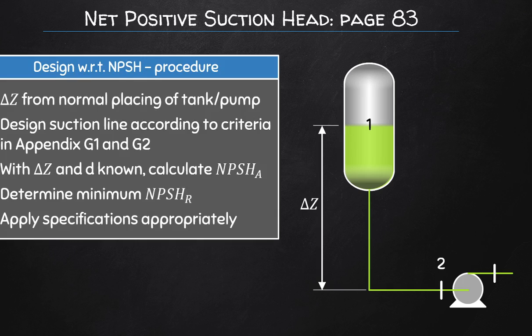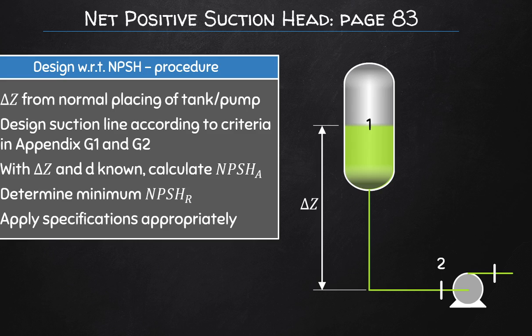Now, in the design of a suction line, we firstly determine the elevation prior to the placement of a pump. Okay, so the suction line side. Then we follow the usual design criteria to design the piping and use the information that is provided to us, such as the information in Appendix G1 and Appendix G2.